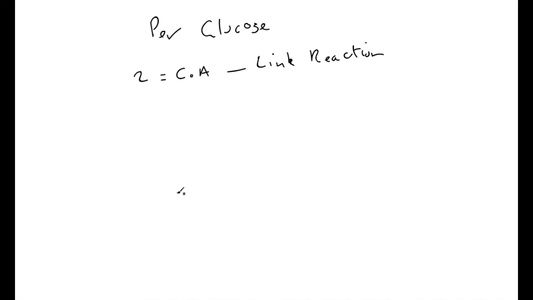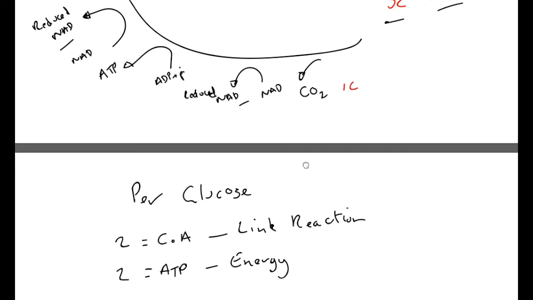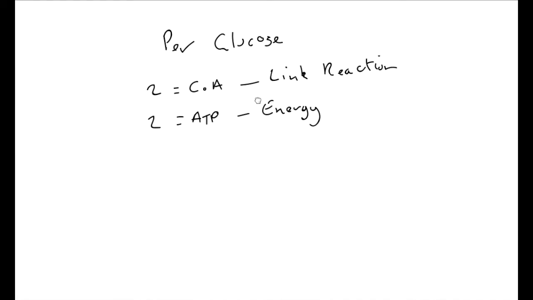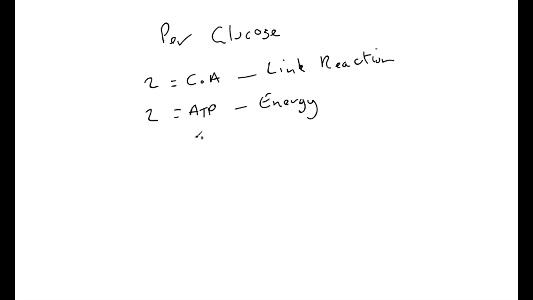Going in order, you produce 2 lots of ATP, which will be used as energy. Remember, I've only said one here, but it happens twice. So 2 ATP.